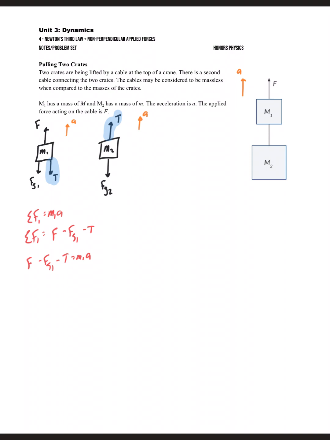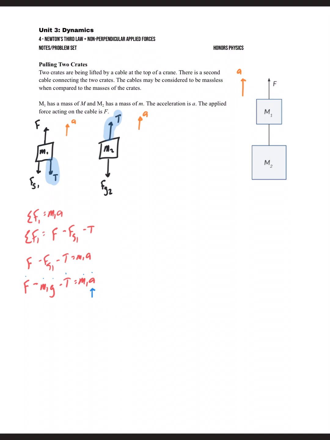So once again, we just are substituting things in. And then I'm going to break this down one more time. Oh, sorry, that should be a minus, not an equals. F minus M1G minus tension equals M1A. Broken down like this, we can kind of see what all of the components are doing. Once again, this is a positive acceleration in the upward direction.